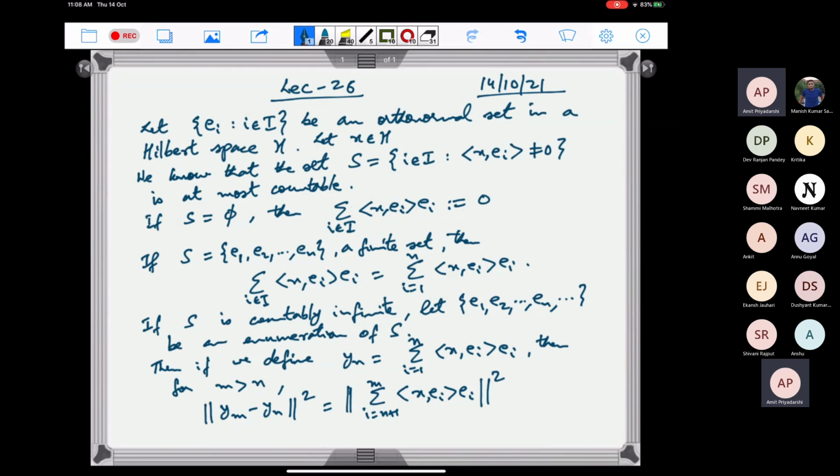And because these e_i's are orthonormal, this will be equal to the summation of mod of (x, e_i) squared, i equal to n plus 1 to m.